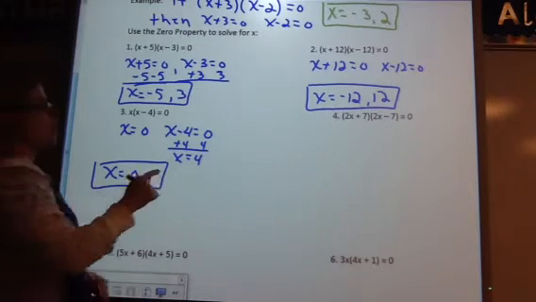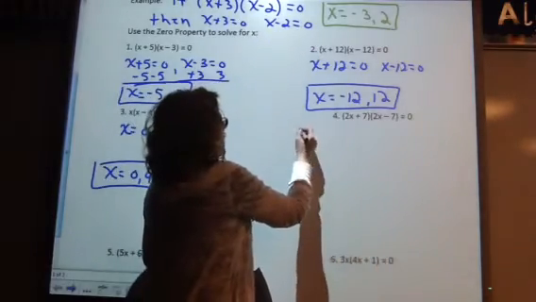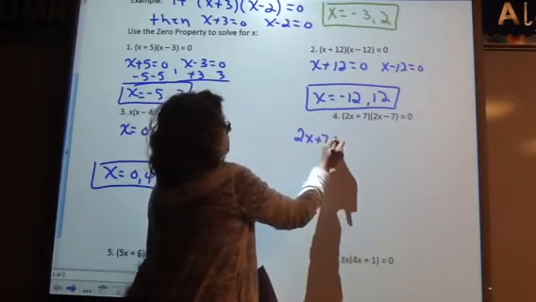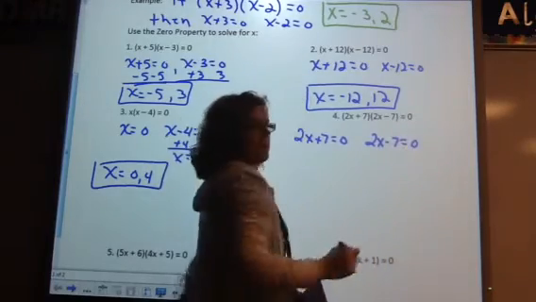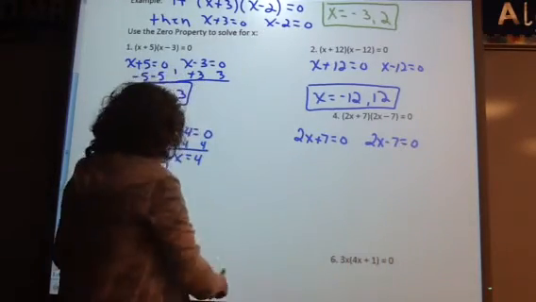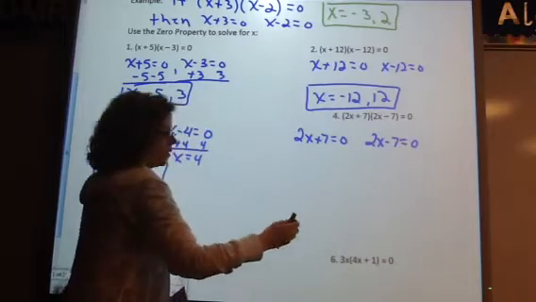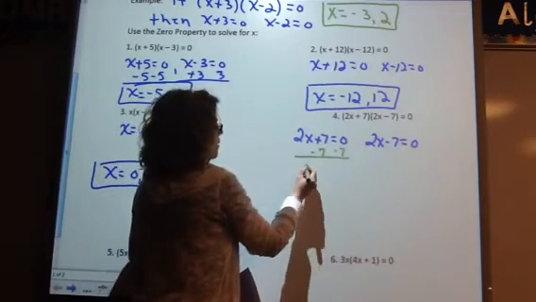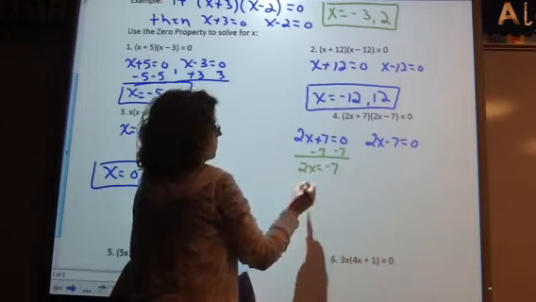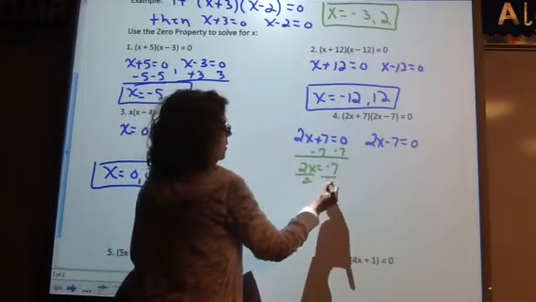All right, now on 4, we've got 2 binomials. So you want to set them equal to 0. But what's different on this one, class, is you've got 2-step equations that you have to solve here. So let's isolate our variable x. Inverse of addition is subtraction. Inverse of multiplication is division.